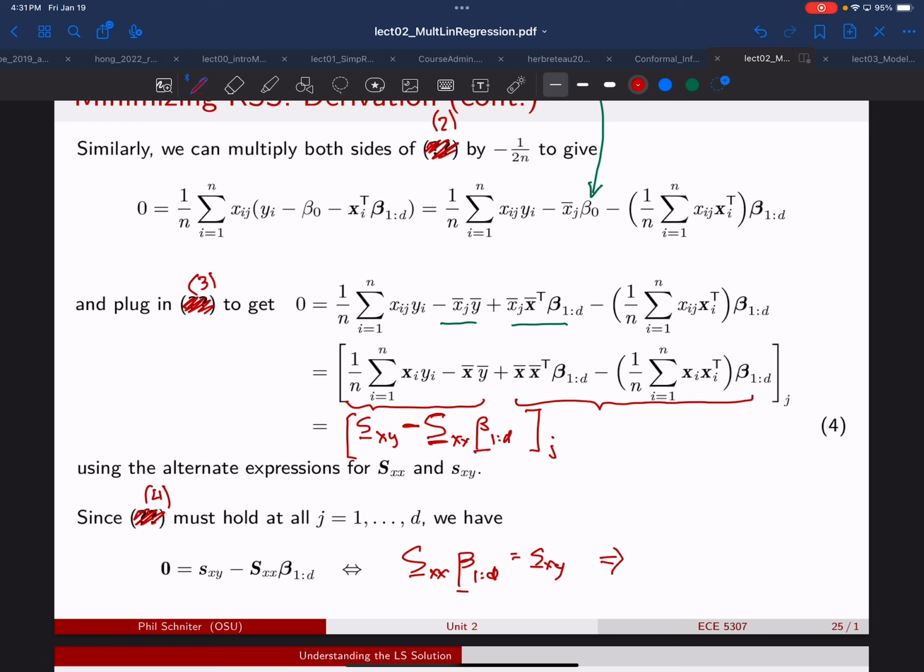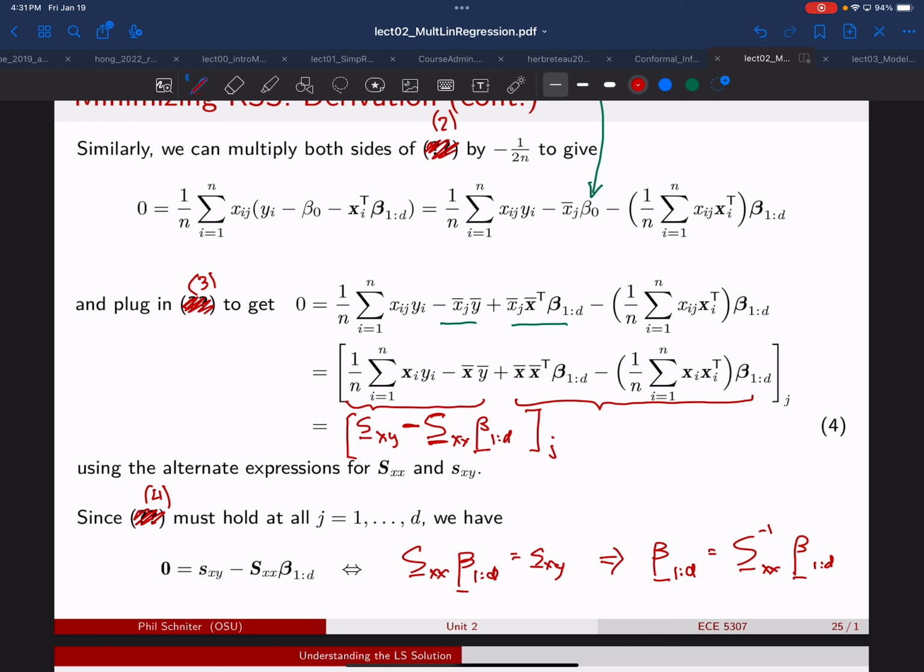And how do I get beta 1 through D then? Exactly. We'll left multiply by the inverse of this matrix. Okay, as a sanity check, is that a square matrix, SXX? Yes.